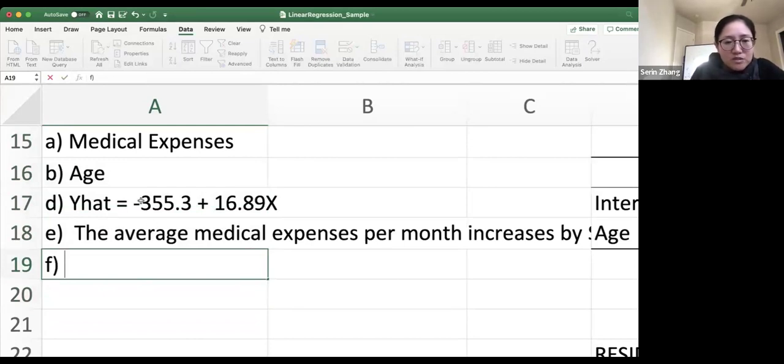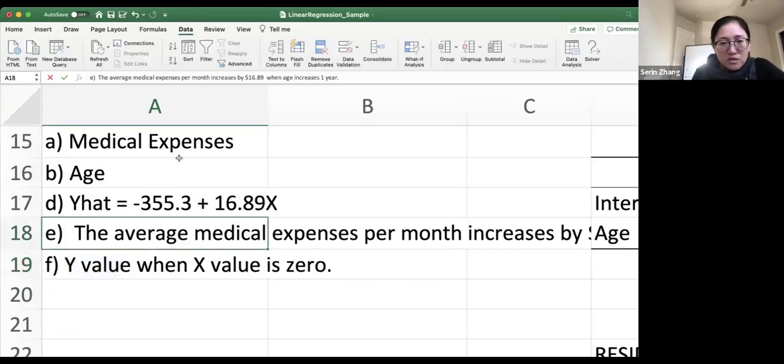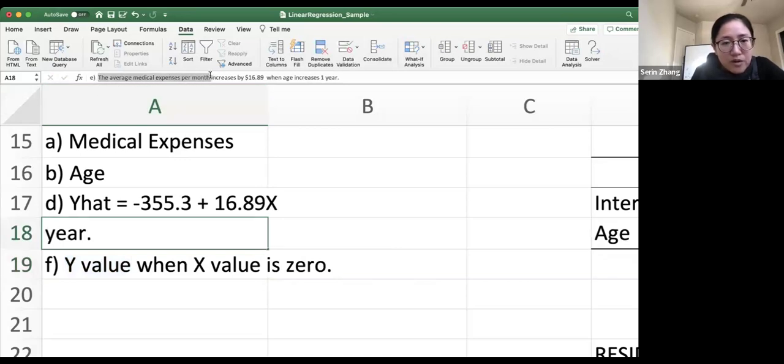Okay, interpretation for the y-intercept. The general definition is the y value when the x value is 0. Okay, that's the definition. Just put in the context. The y value is the medical expenses, here the average medical expenses per month.